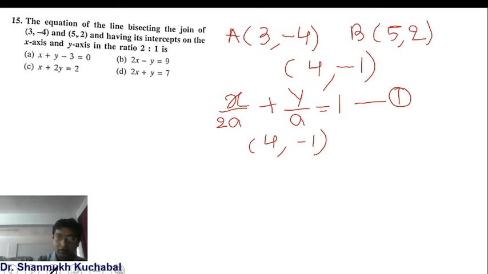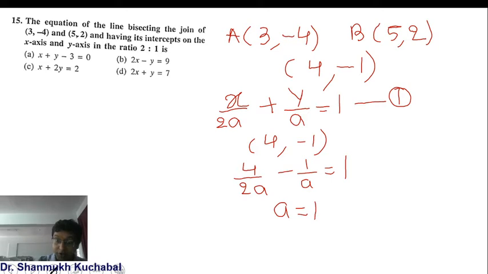We get 4 divided by 2a minus 1 divided by a equal to 1, and we have to simplify this equation. Taking the LCM, which is 2a, on simplification we get the value of a as 1.